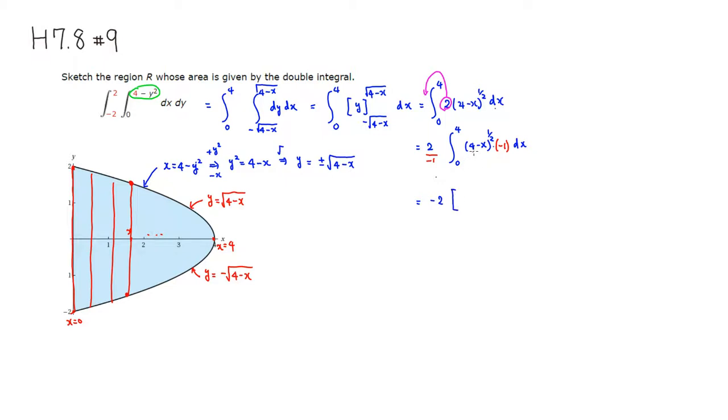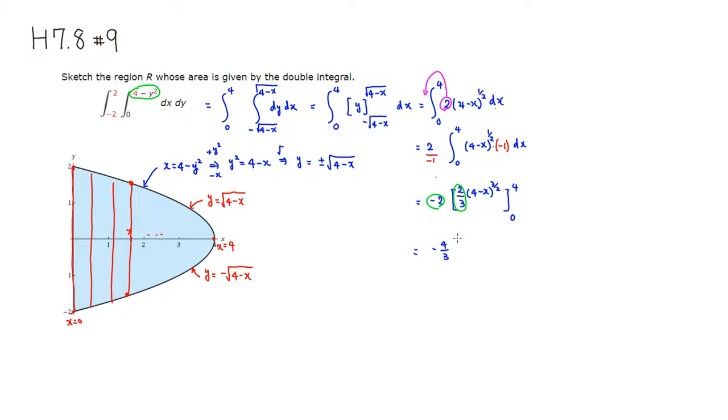The antiderivative follows the general power rule: 4 minus x, add 1 to the power to get 3/2, and divide by 3/2, which is equivalent to multiplying by 2/3. Then you're going from 0 to 4. I'm going to combine these constants, so you get negative 4 over 3.